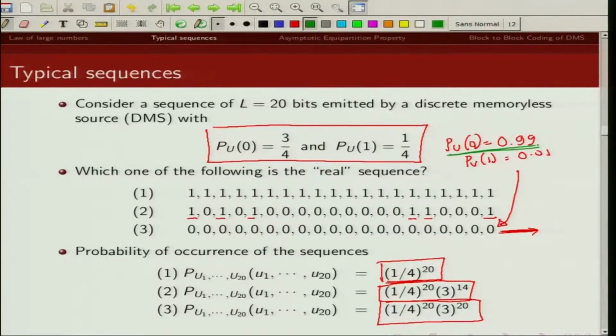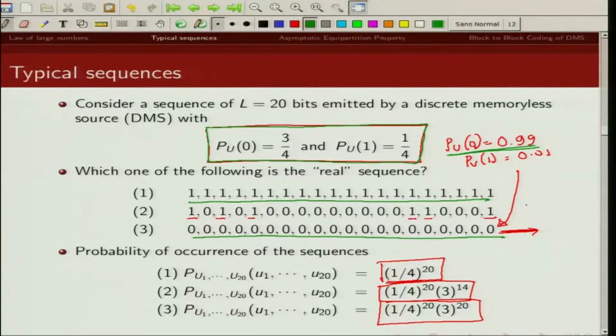But for the source which I have given here, with probability of 0 being 3/4 and probability of 1 being 1/4, it is unlikely that this particular sequence would have come out of it. Similarly, an all one sequence is very unlikely to come out of this source.